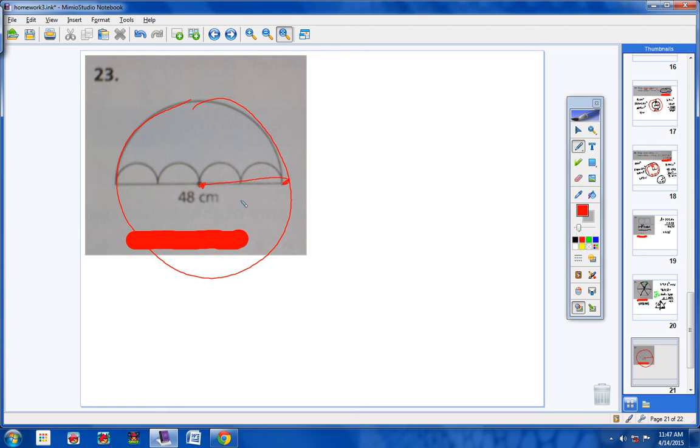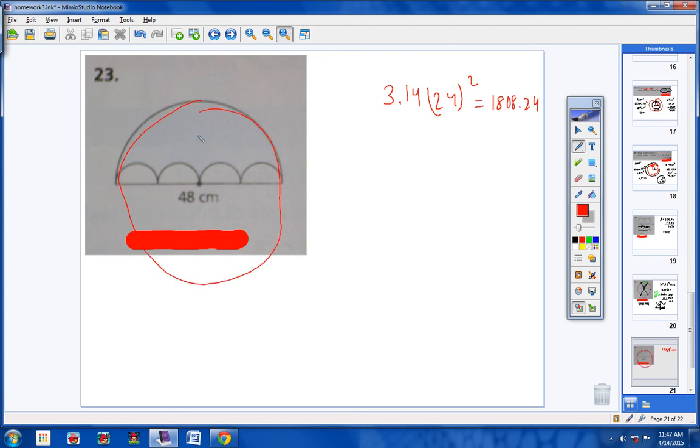Okay, right? Half of 48, 24. So my radius would be 24, so 3.14 times 24 squared. That's the area for an entire circle, pi r squared.